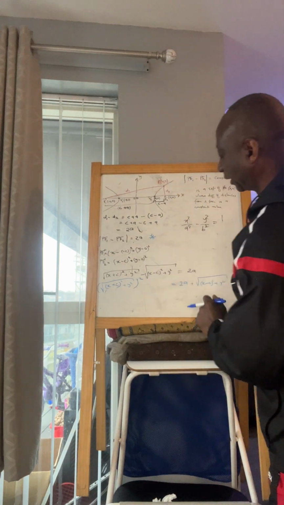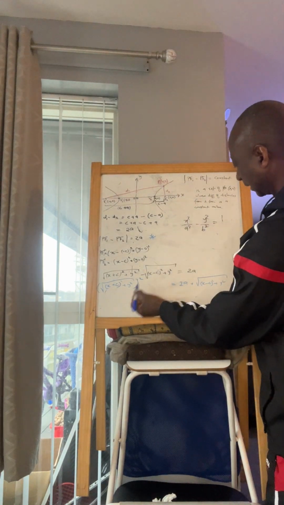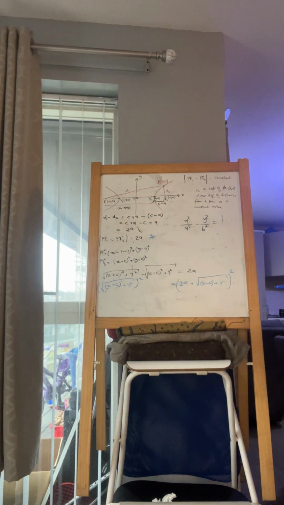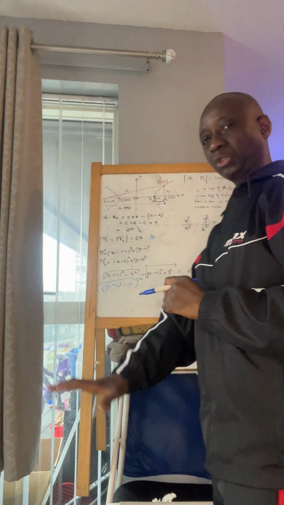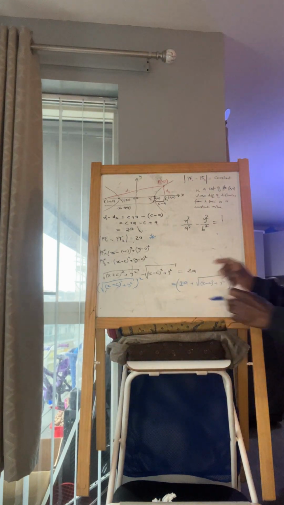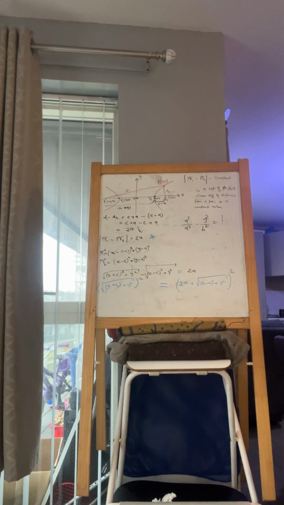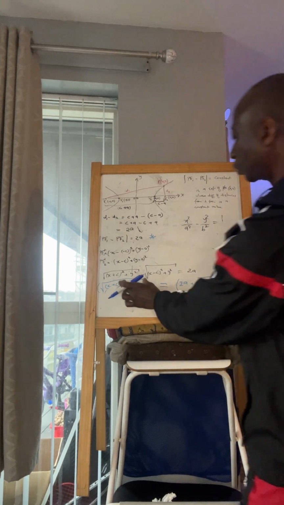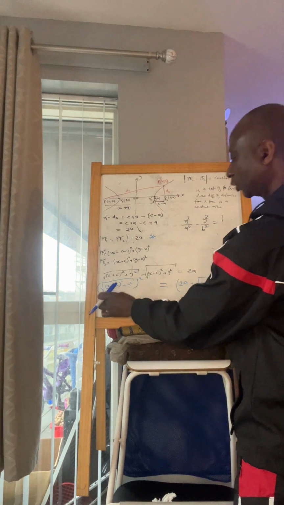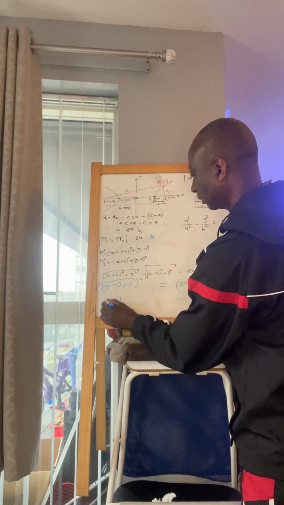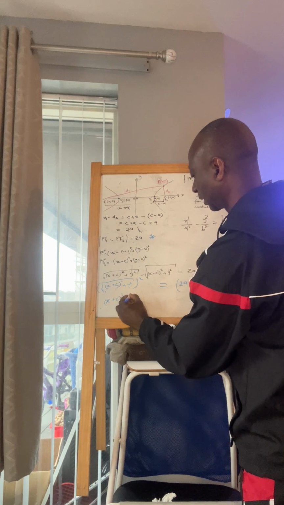So what we do here, we square this, and we should also square this one. What you do on the left hand side, you must also do on the right hand side, because we got an equality sign here. So if you square this, just the square root will go away. You will still have your x plus c all squared plus y squared.